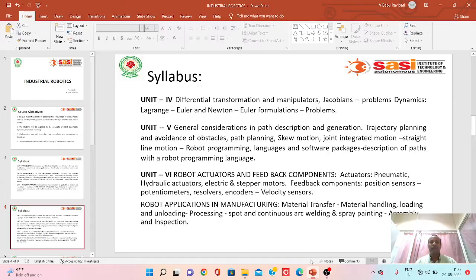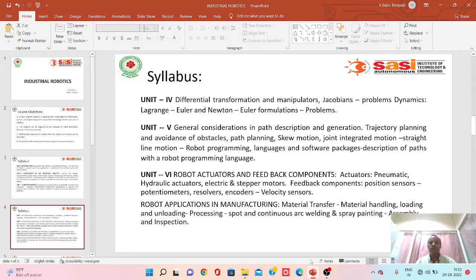So the actuators classification: pneumatic, hydraulic, electric classification we'll be studying, and feedback components, we'll be studying the position sensor and the velocity sensors. In addition to this, we are also knowing the robot applications in manufacturing, and we'll be studying more about material transfer, how the robot function line will be there if it is a material transferring robot.